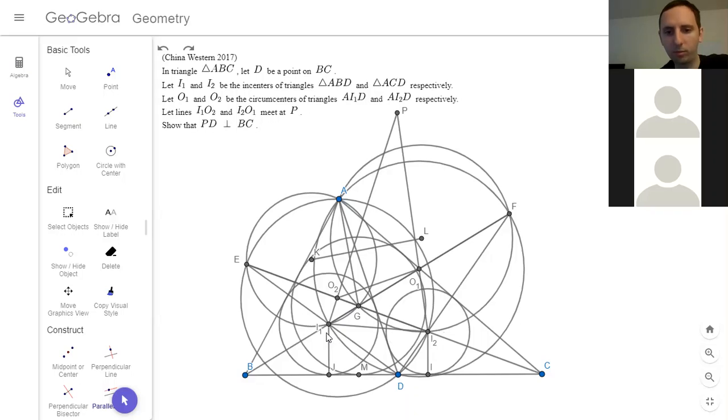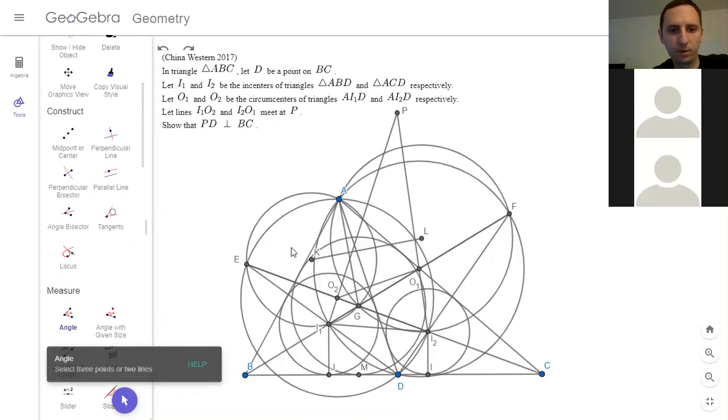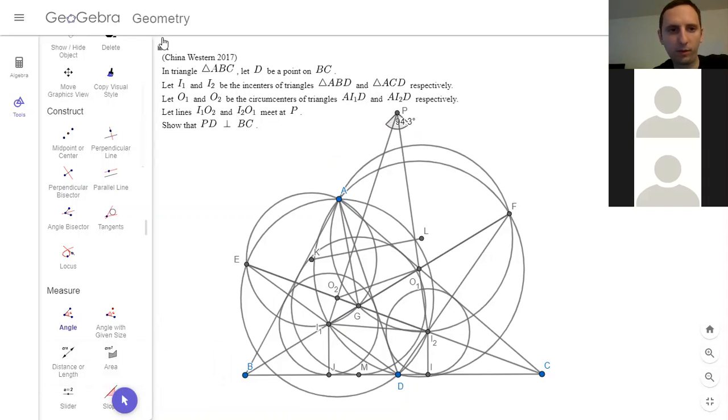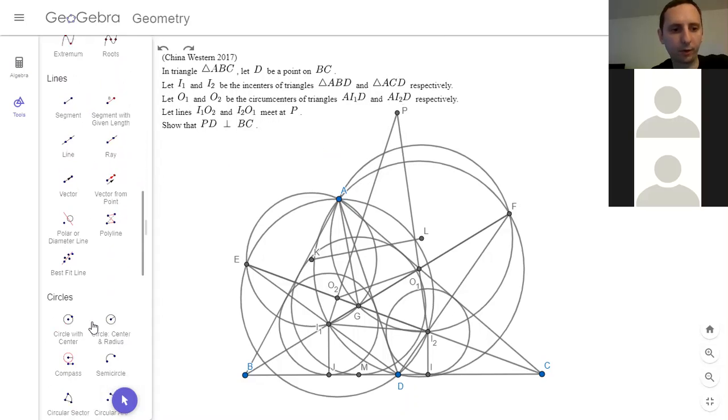Let's see. I feel like it would make things so much easier if P just lay on some kind of circle.